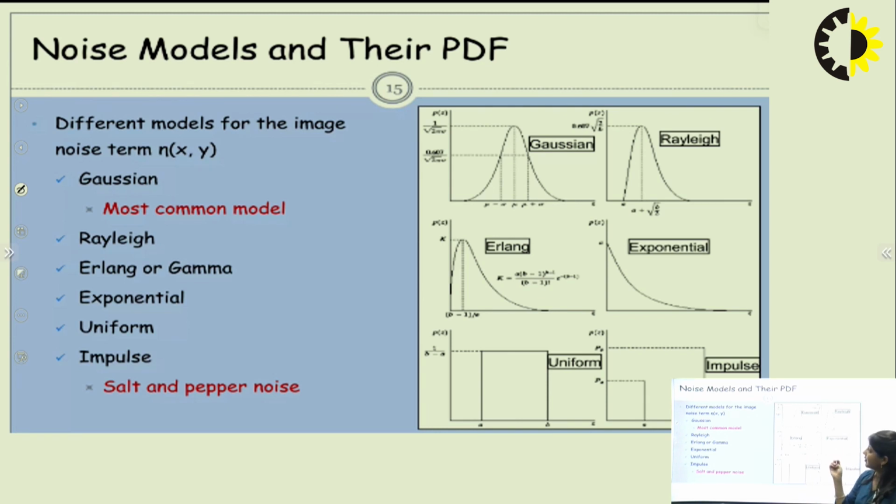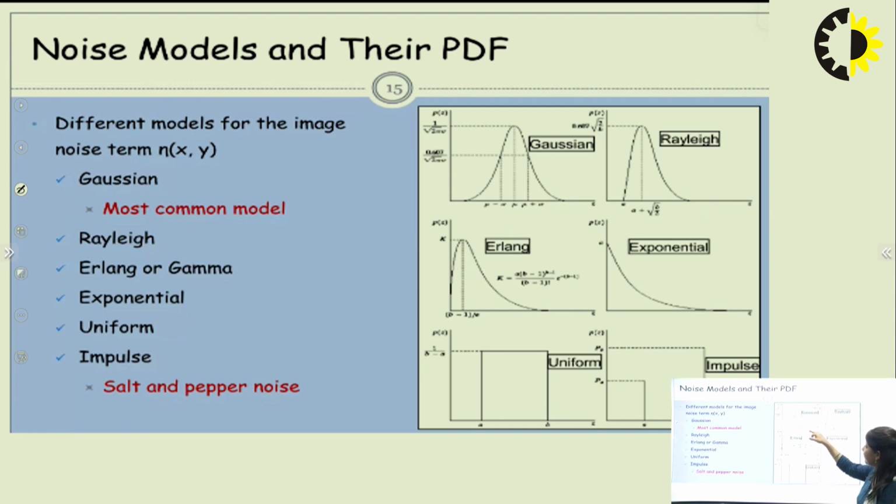So these all are the noise models and their PDFs. We have studied 5 or 6 different kinds of noise: Gaussian noise, Rayleigh noise, gamma noise, exponential, uniform and impulse. Impulse noise is also called salt and pepper noise when PA equals PB.